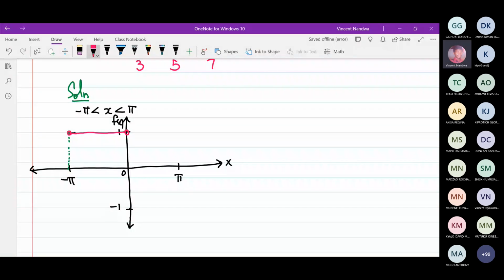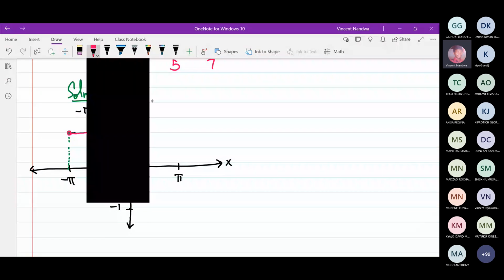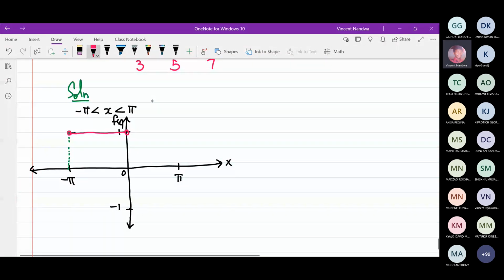Or if you want to be specific, you can draw a small hole at this point, just to insist that the value of the function is not strictly defined at those endpoints. But even if you draw it as a complete line from 0 to pi, it is still okay. So this is the answer to the first part.